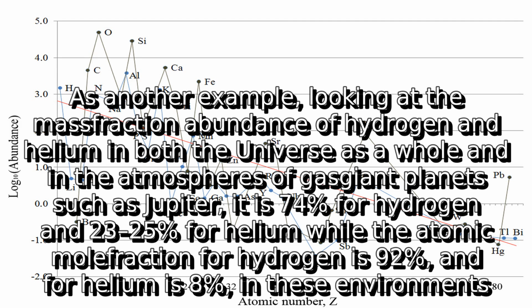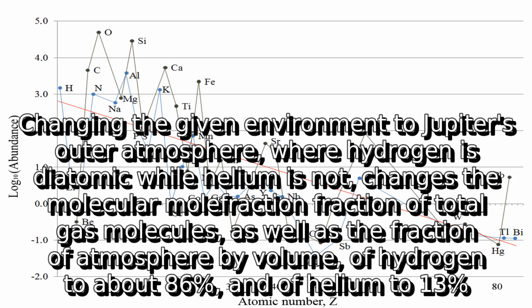In these environments, changing the given environment to Jupiter's outer atmosphere, where hydrogen is diatomic while helium is not, changes the molecular molar fraction of total gas molecules, as well as the fraction of atmosphere by volume of hydrogen to about 86%, and of helium to 13%.